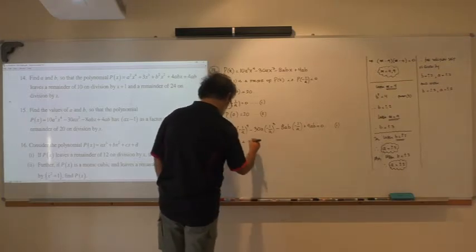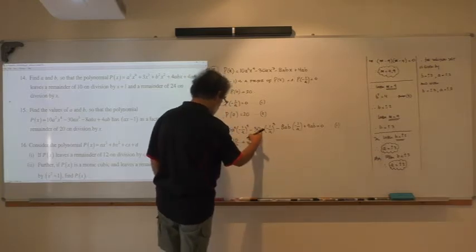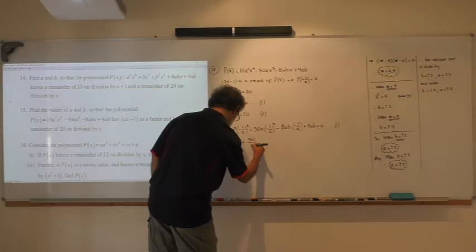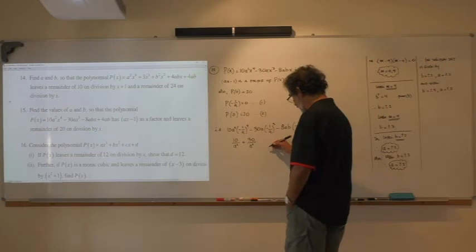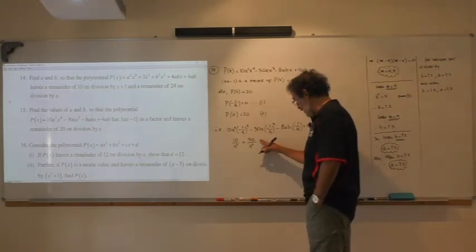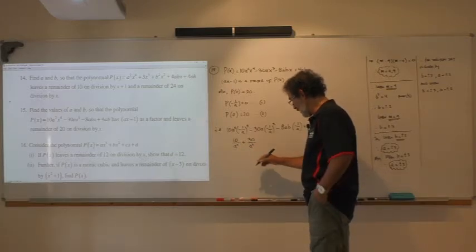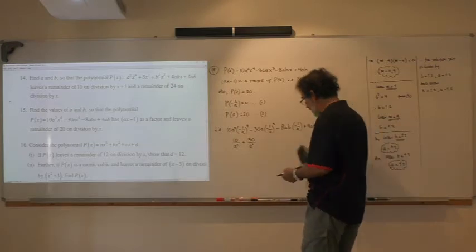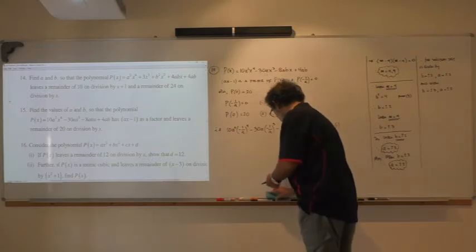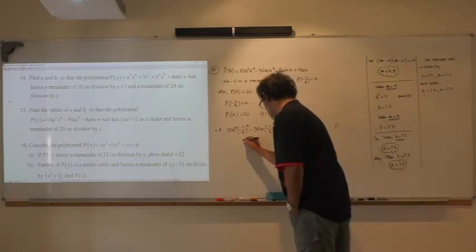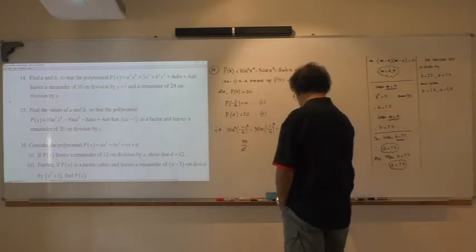Then in here we've got a cube, so we're going to have 2 at the bottom. Since we have the same denominator, I'm going to put this as one term, equal to 40 over a squared.